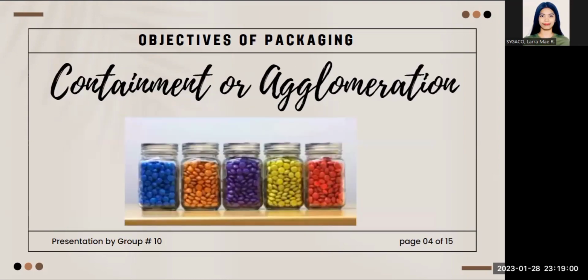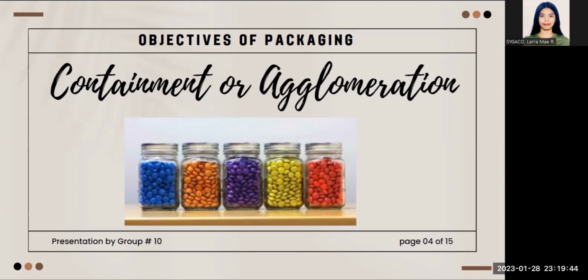Next one is containment or agglomeration. So when we say containment or agglomeration, it refers to small objects and are typically grouped together in one package for reasons of efficiency, like liquids, powders, flowable, granular materials needs to have containment. For example, what you can see in the picture, a group of nips, hindi siya kayang hawakan by piece, but kailangan siyang i-package as a group.